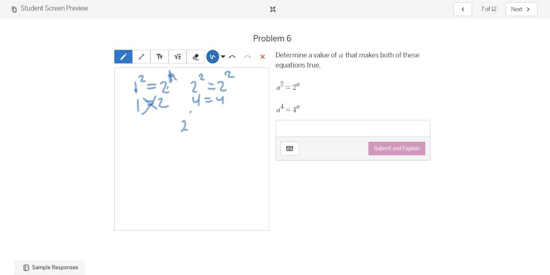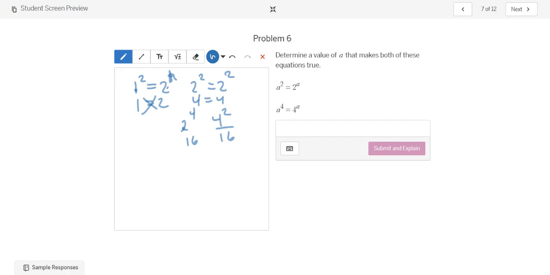And then 2 to the fourth power is 4 times 4, which is 16. And 4 to the second power is also 16. And so 2 should work.